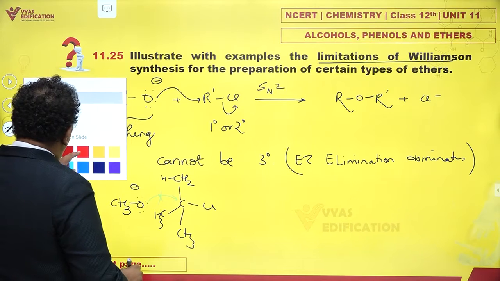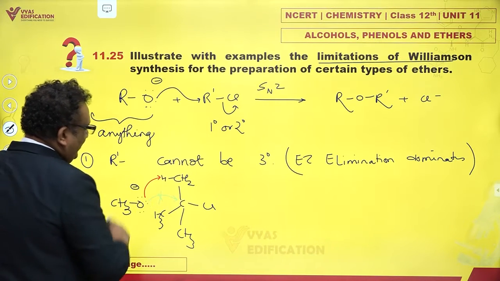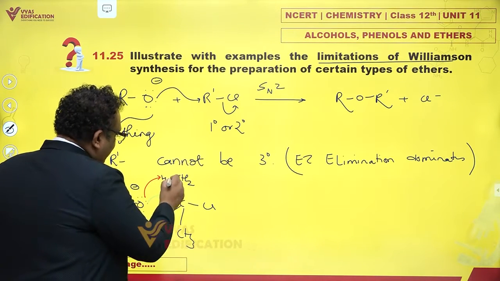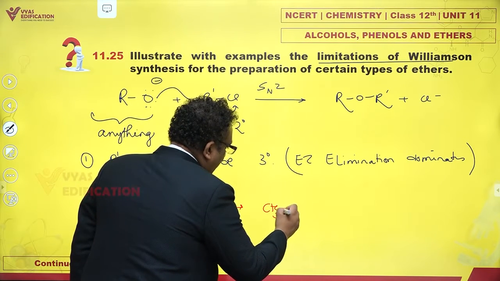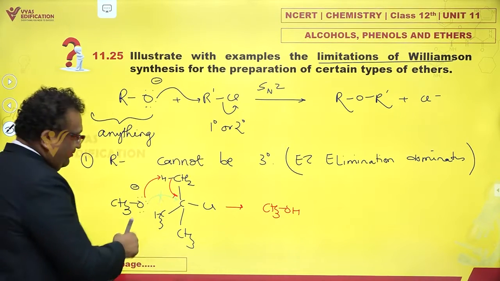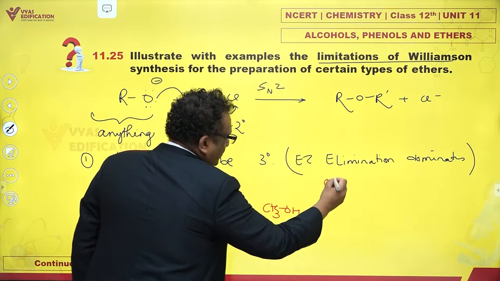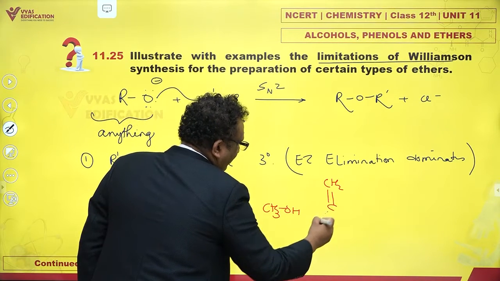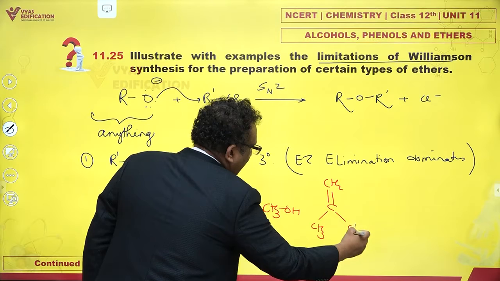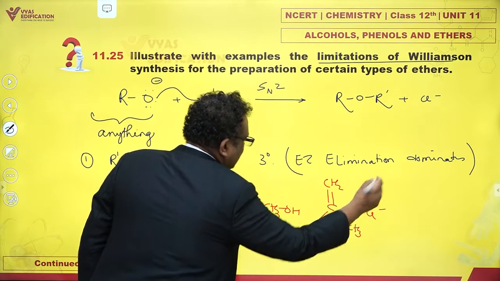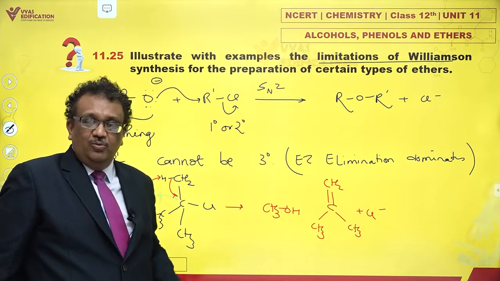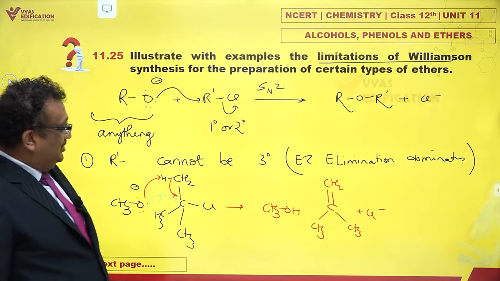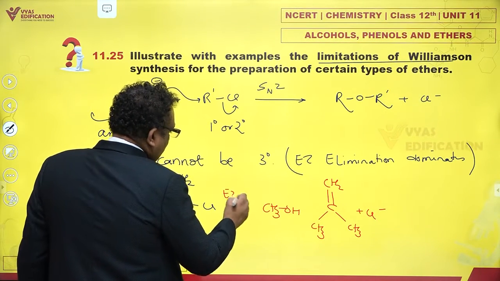On the other hand, much simpler is if it takes away this H plus. Oh my God, what happens? This happens. CH3OH, it has taken away H plus. This CH2 group now forms an alkene. It has pushed away Cl minus. It has no respect. It is always kicked out. But in which style? This is not SN2, it is E2.